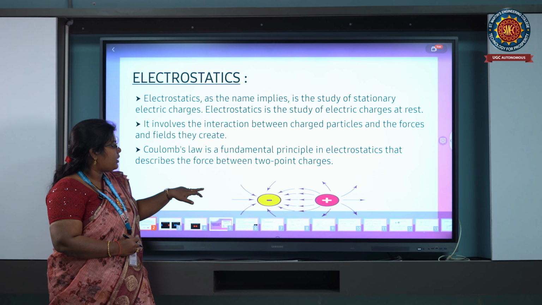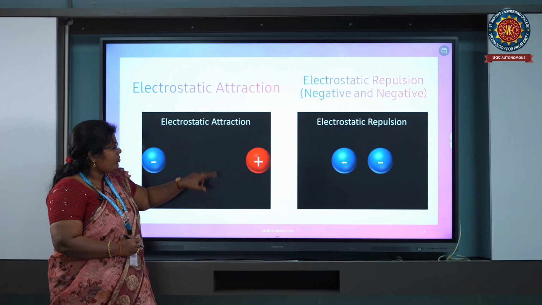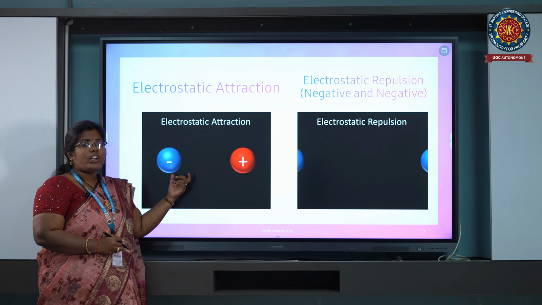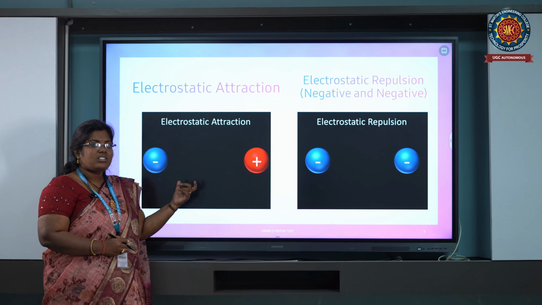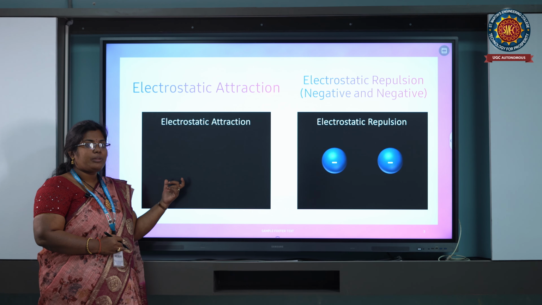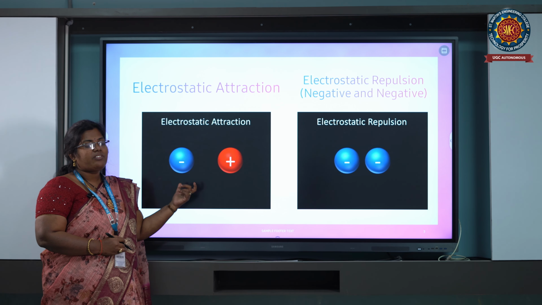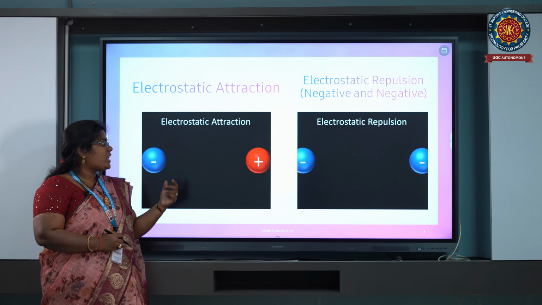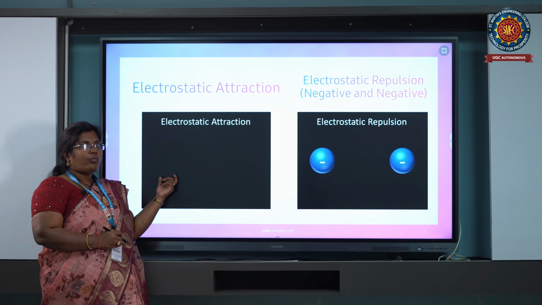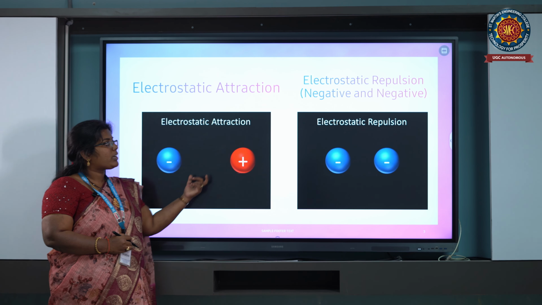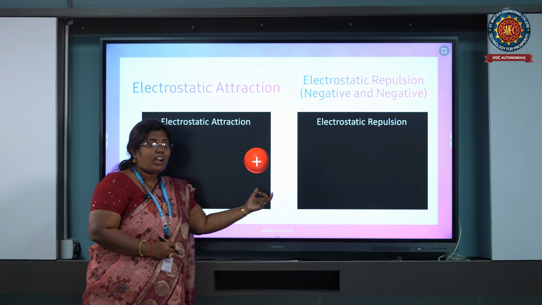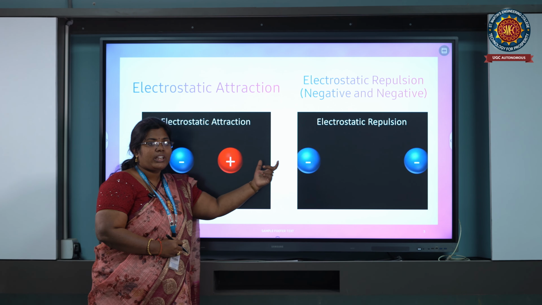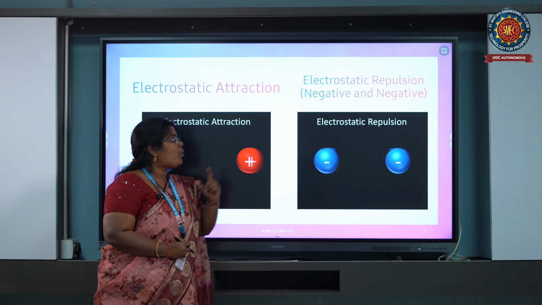Coming to Coulomb's law, here you can see it deals with 2 point charges. The force of attraction between them is directly proportional to the product of the charges and inversely proportional to the square of the distance between them. The electrostatic attraction or repulsion can occur from negative to positive as well as negative to negative and positive to positive.